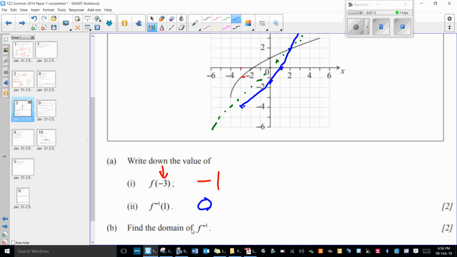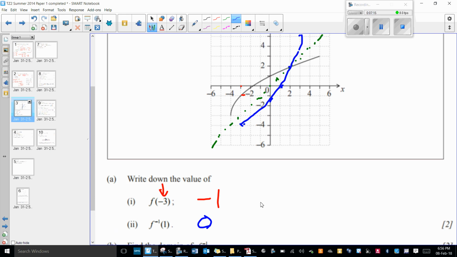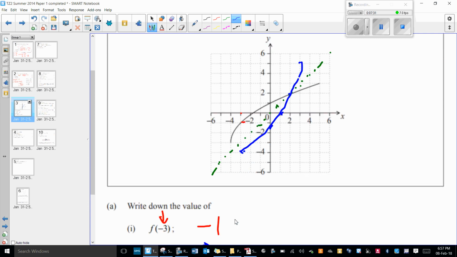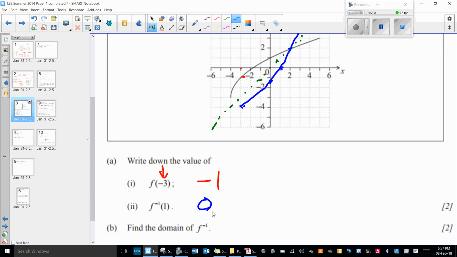Also remember that for inverse functions, the x and the y values switch. So we didn't actually have to sketch it straight away to answer this question. We could have remembered that we would be looking at when x is 1, sorry, when y is 1.